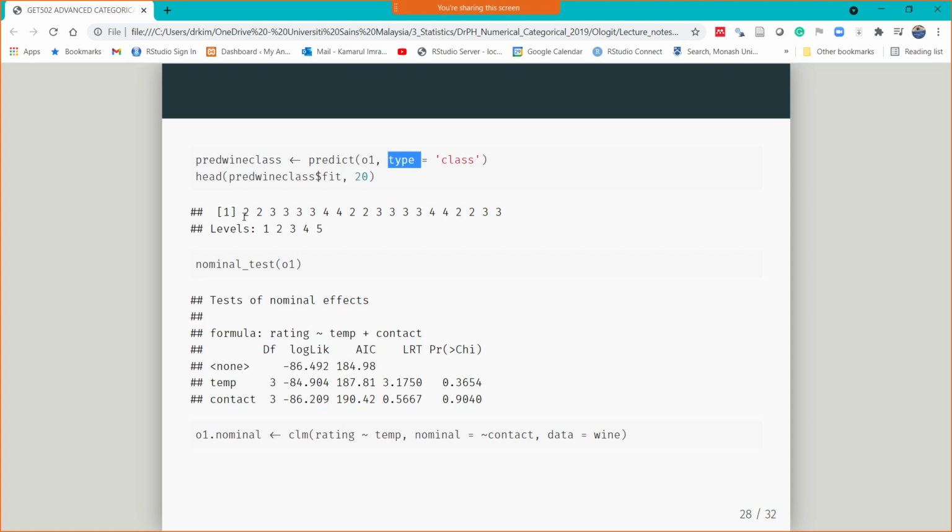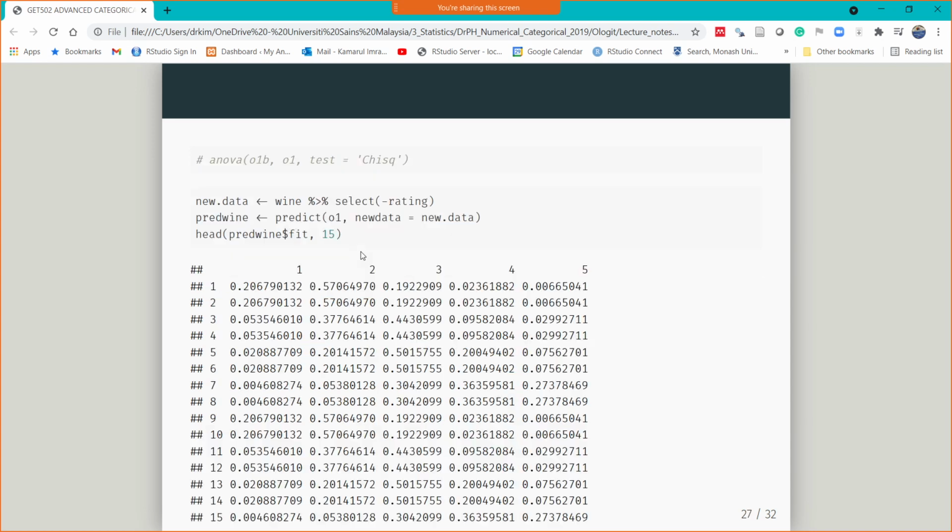If you see here, this is category 2, category 2, category 3. Why? Because this is the highest predicted probability. 2, 2, 3 and 3.